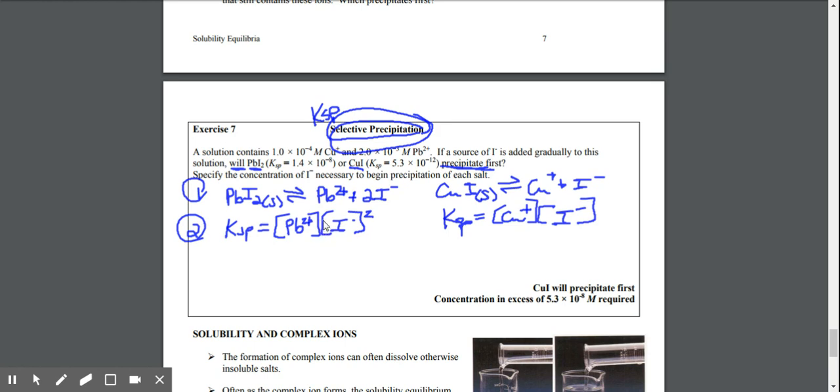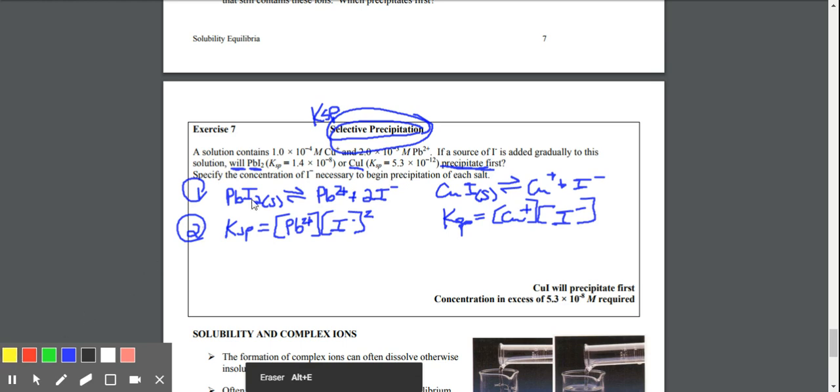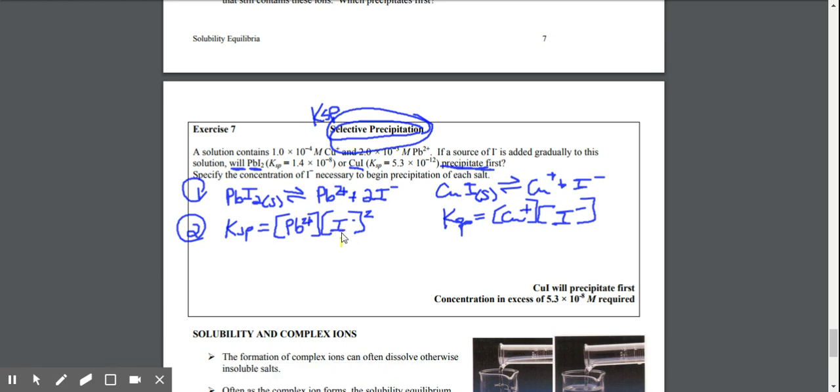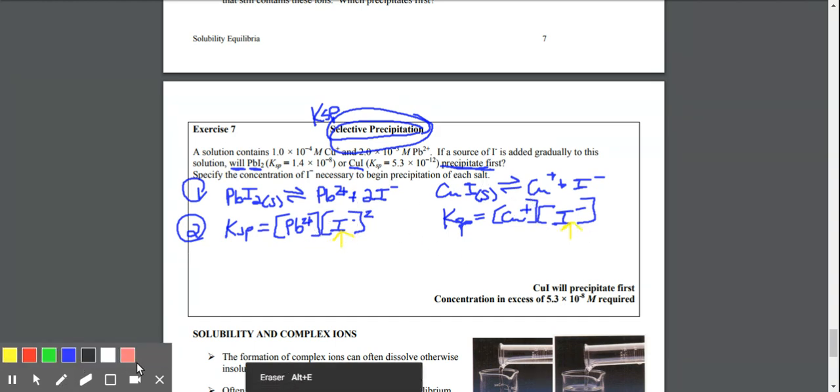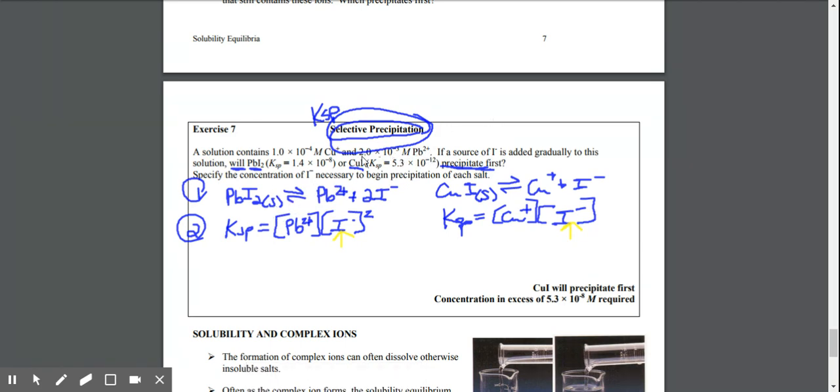The next thing I'm going to do is solve for the common ion. The common ion is this I and this I, so I'm going to solve for it for both of those by plugging in the information that I have. I know that Pb2+ is 2 times 10 to the negative 3, and where I got that is right here.